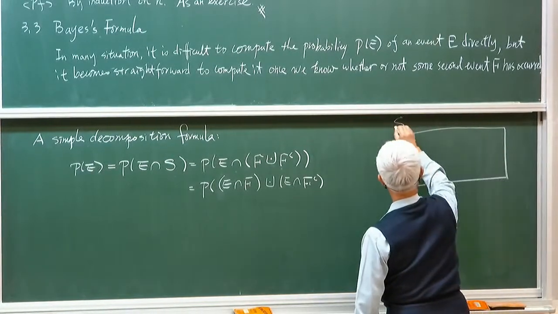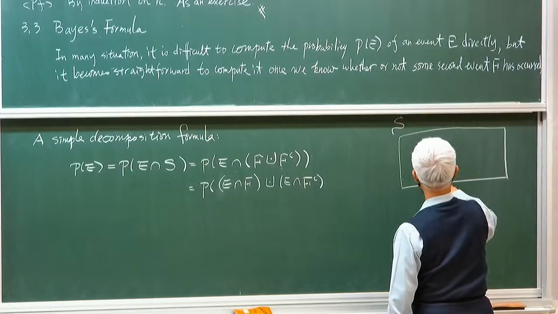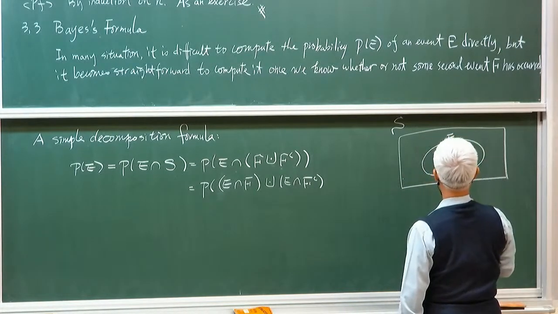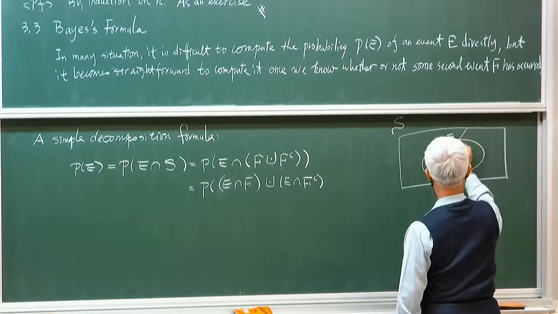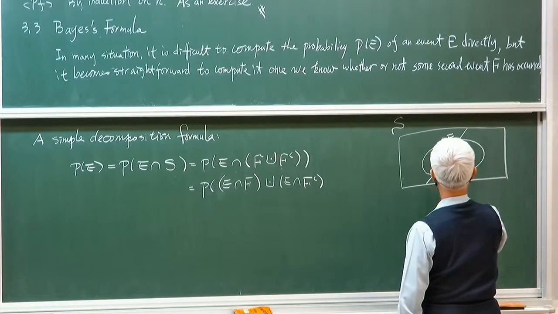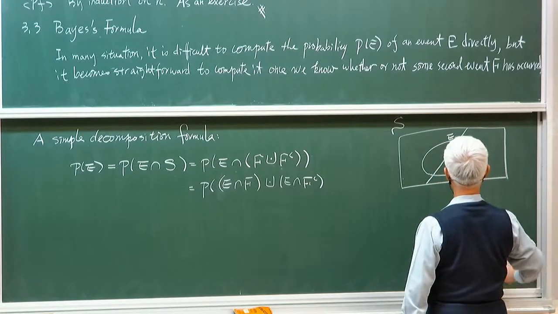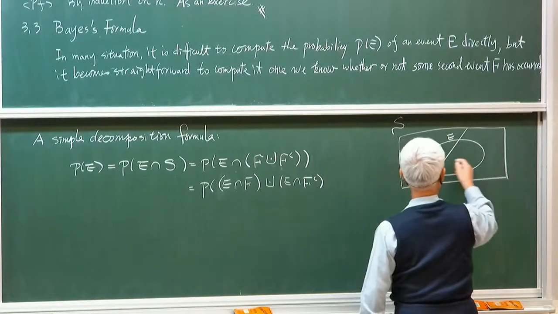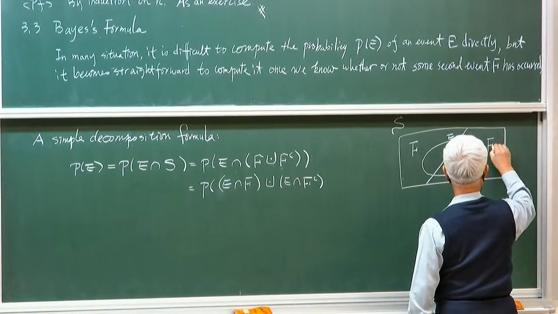So this is the sample space, and this is the event E. Here, this is event F, and this is event F complement.